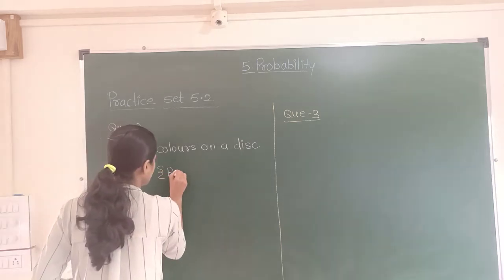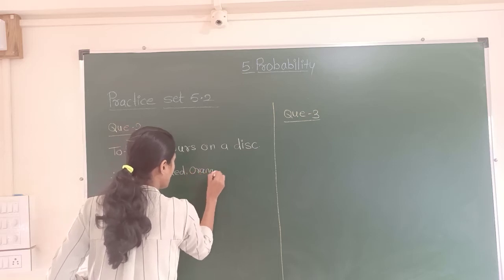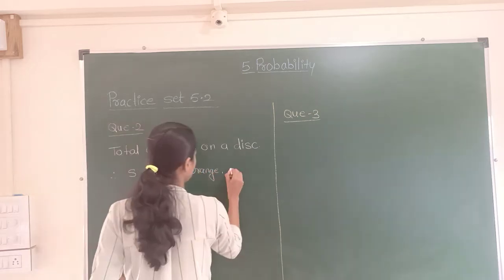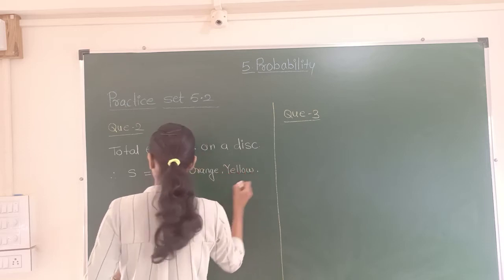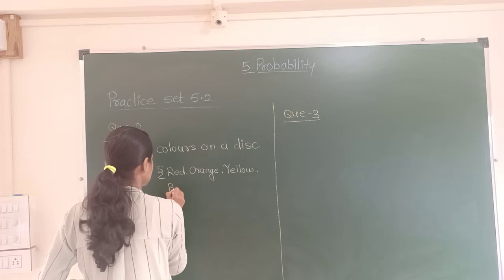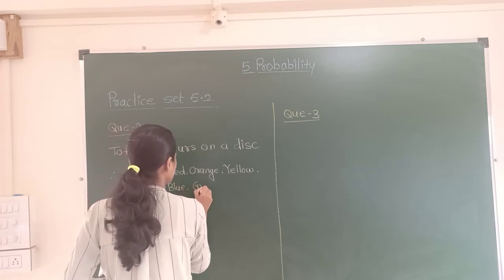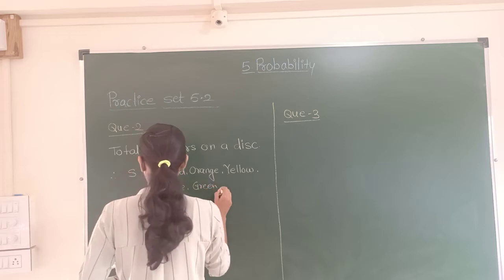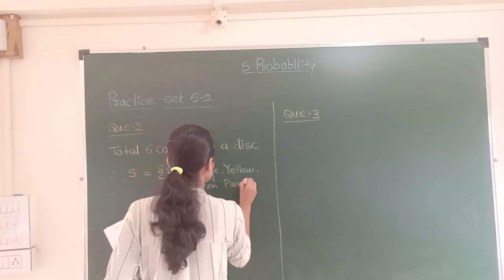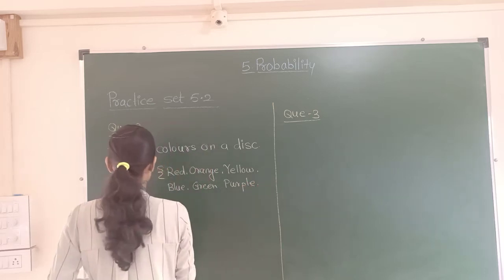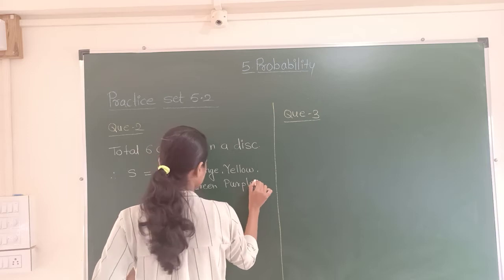Those colors are red, orange, then yellow, blue, green, purple. Okay, there are total 6 colors.